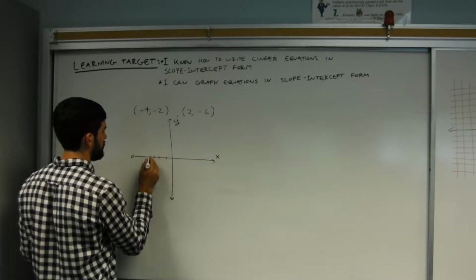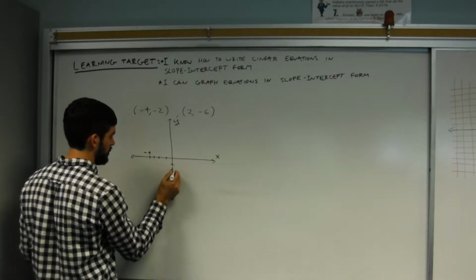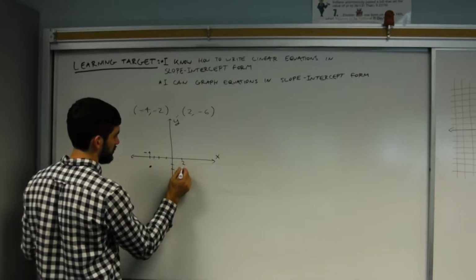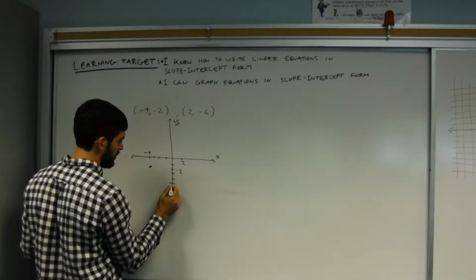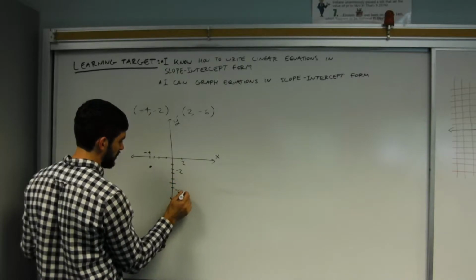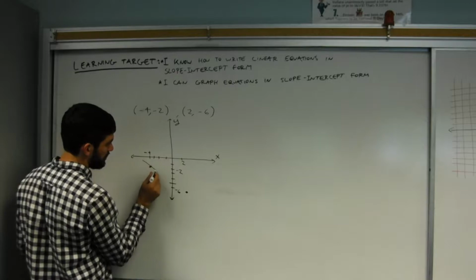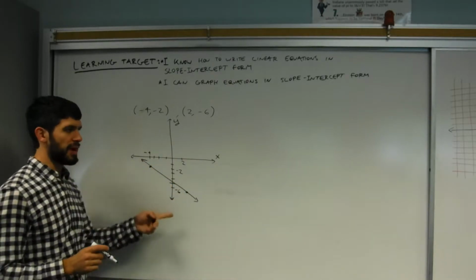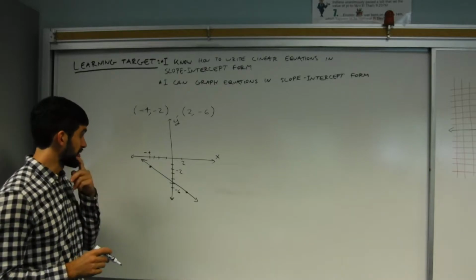So we'd go -4, -2, we get that point over there, and then 2, -6, we have this point over here, and we just connect them with a line. A line is always defined by 2 points. You only need 2 points to graph it.